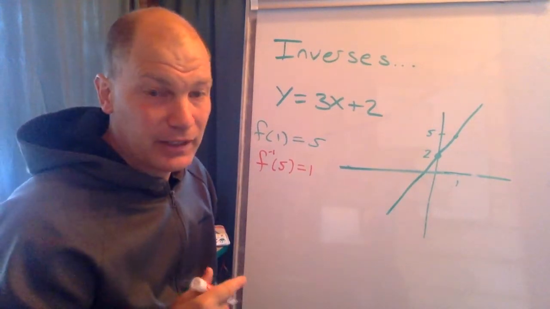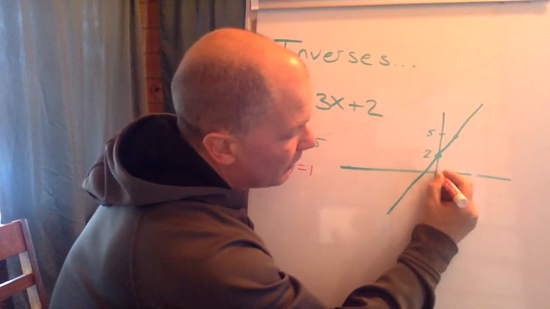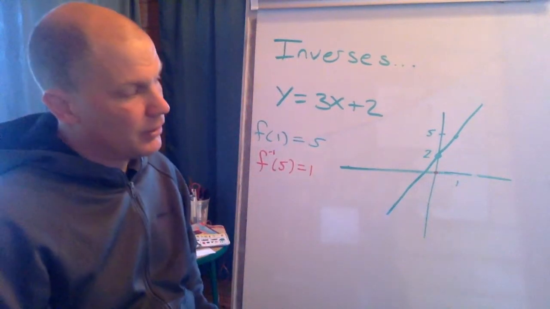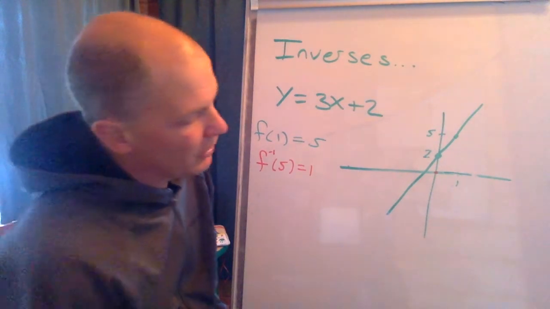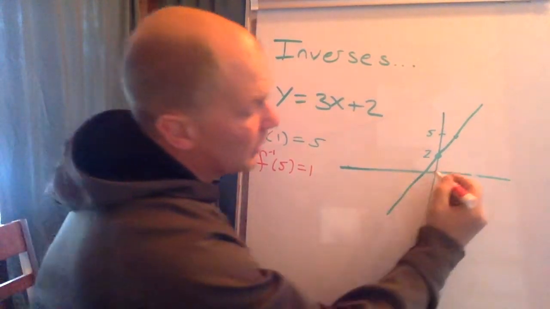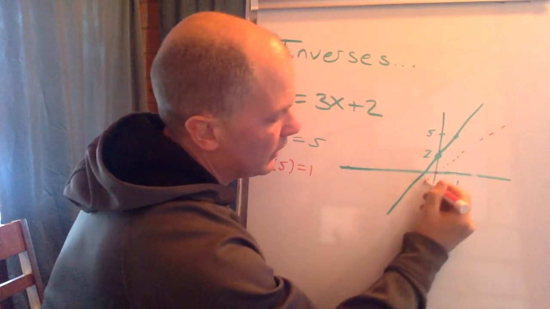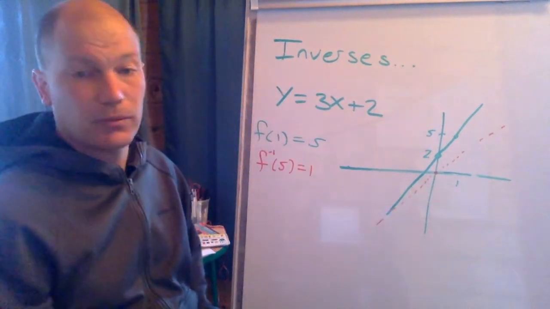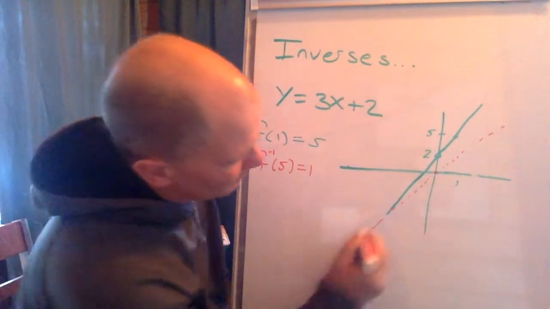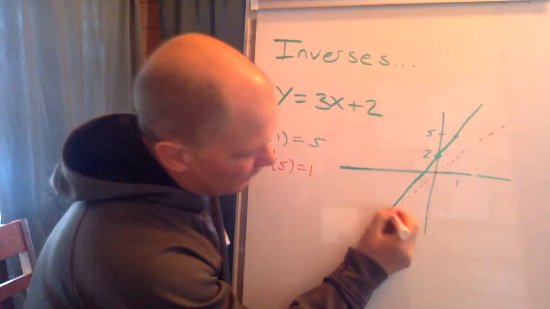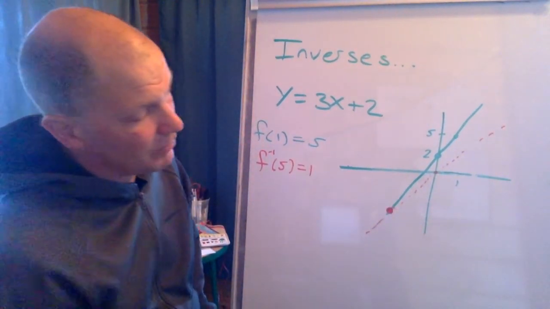So graphically, an inverse is a function that is symmetric about that point. I'm sorry, not that point. Symmetric about the line y equals x, right? So if we were to graph this, well, if it's symmetric about the line y equals x, then because it intersects there, it has to be symmetric on that point.